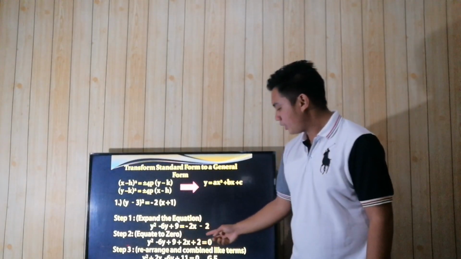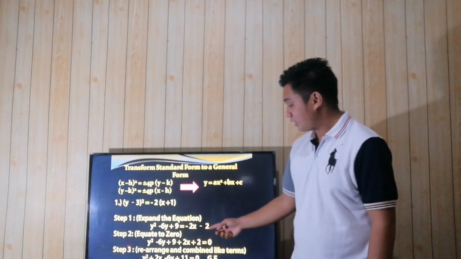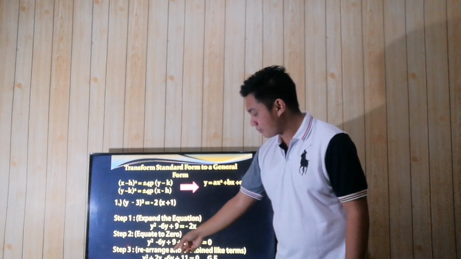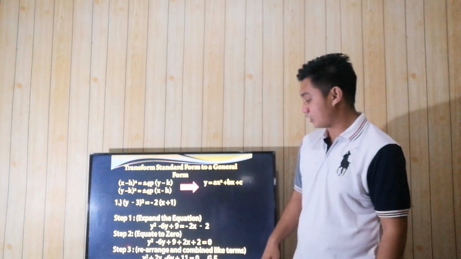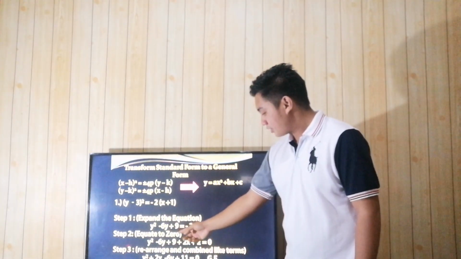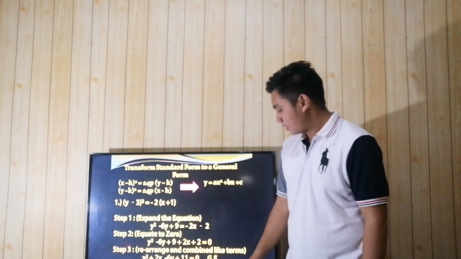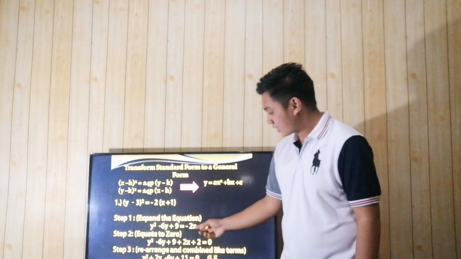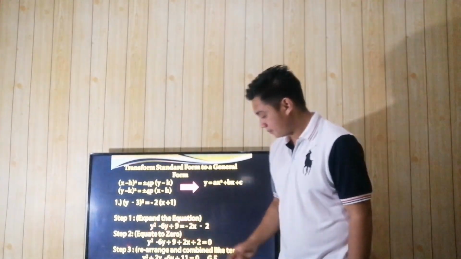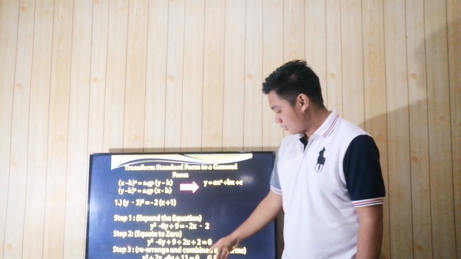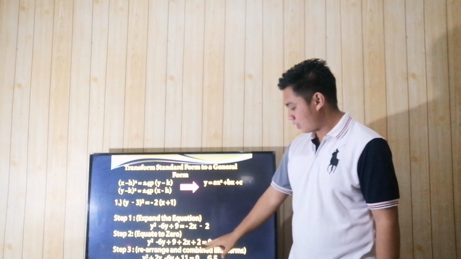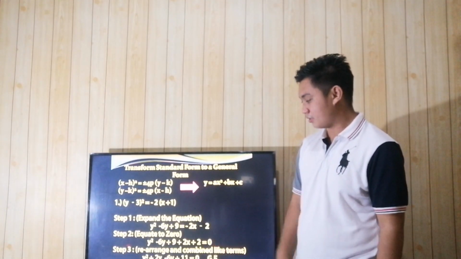I-transpose natin siya sa kabila or i-additive inverse natin siya. So, mag-change ang sign niya, di ba? So, nagiging positive 2x na siya, naging positive 2 na siya dahil pinasok natin siya sa kabila ng equation. Then, since equate to 0, we have equal to 0 in this equation.